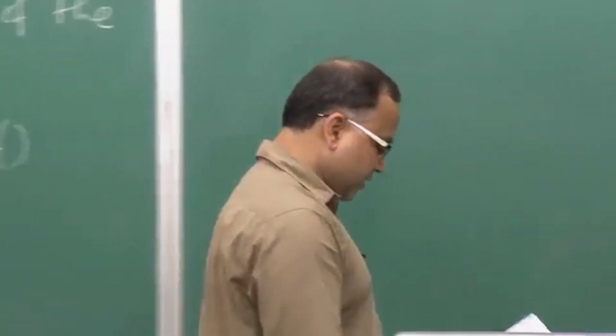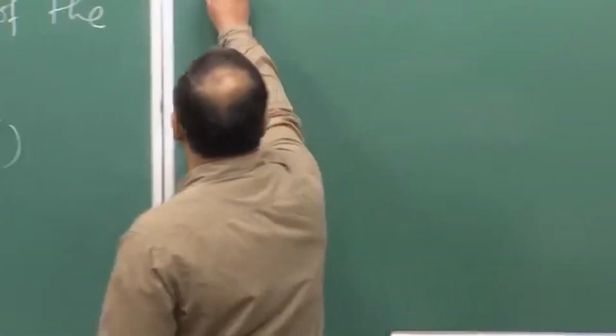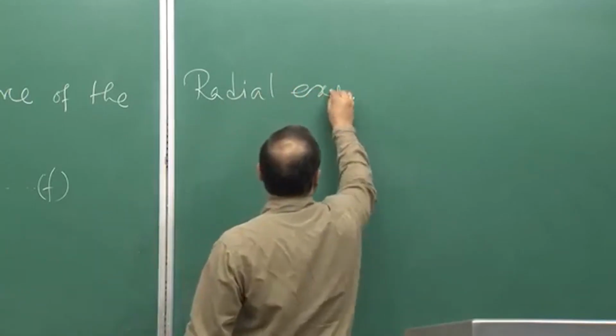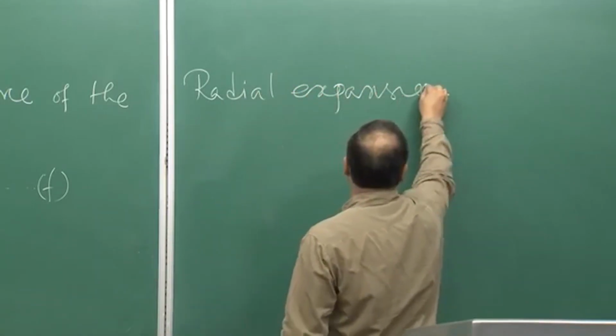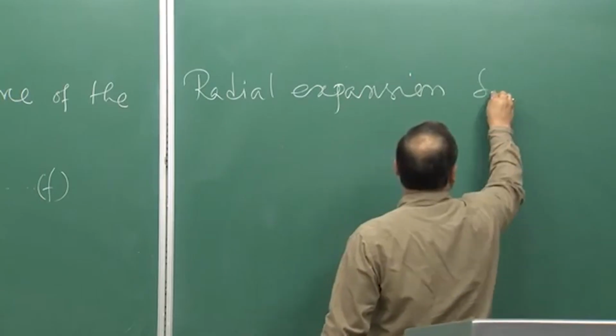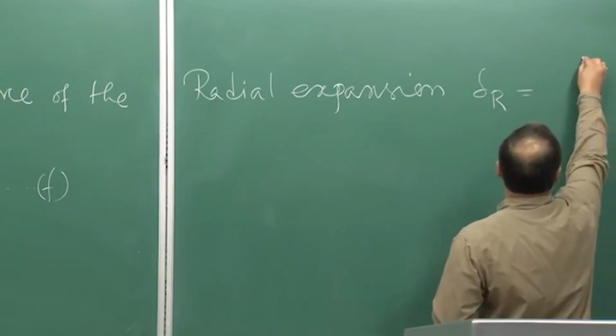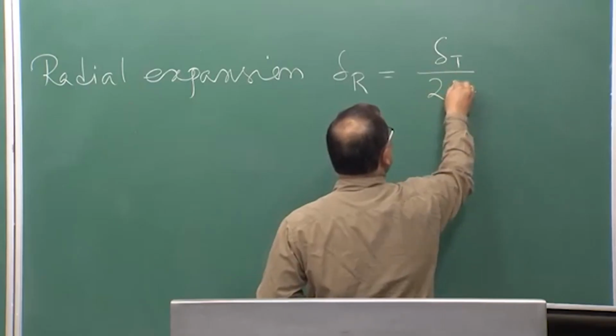So I can say that my radial expansion delta r can be written as delta t by twice of pi.